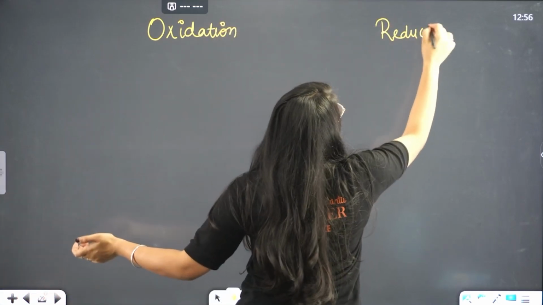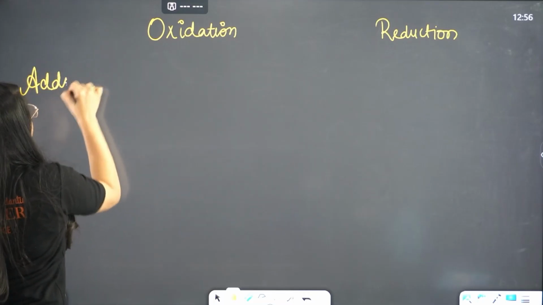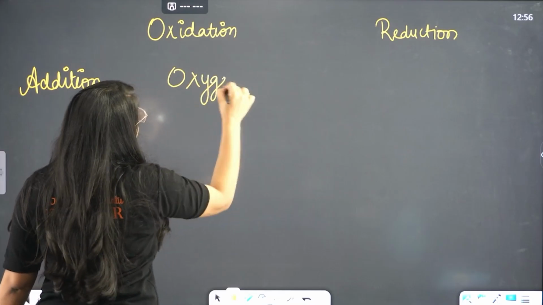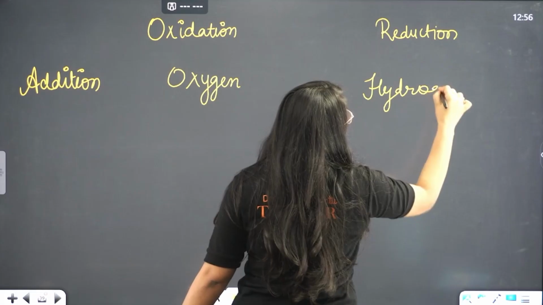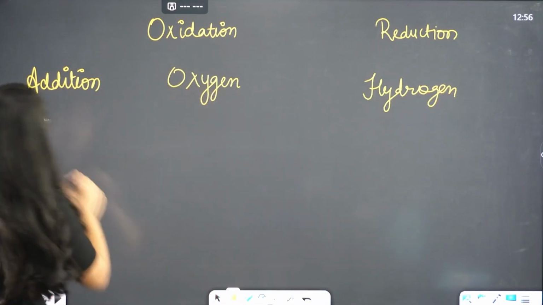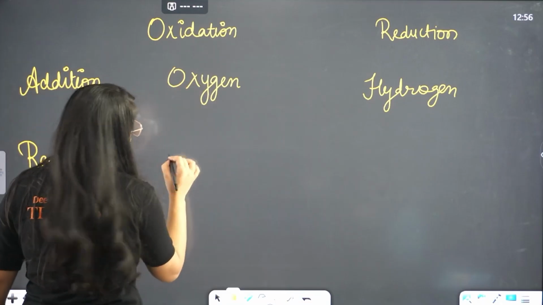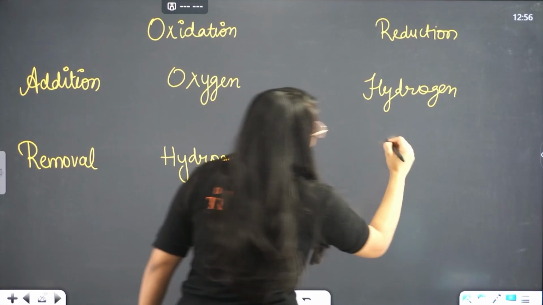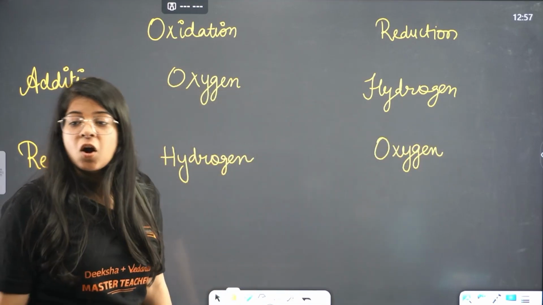Oxidation and reduction, right? Now oxidation is addition of oxygen, and reduction is addition of hydrogen. Now oxidation is removal of hydrogen, and reduction is removal of oxygen.